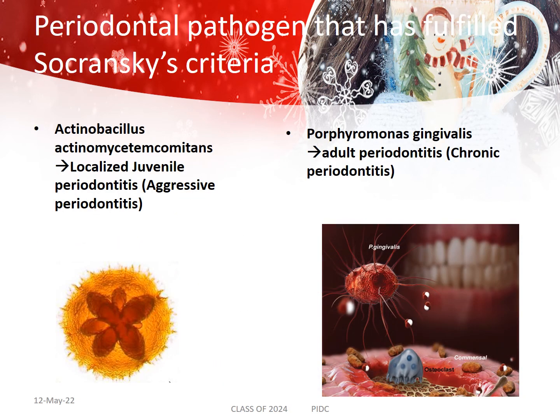Based on Socransky's criteria, these two bacteria have fully fulfilled the criteria for the particular disease. For example, A. actinomycetemcomitans has been found to be the agent of aggressive periodontitis, and Porphyromonas gingivalis has been found to be the agent of chronic periodontitis.